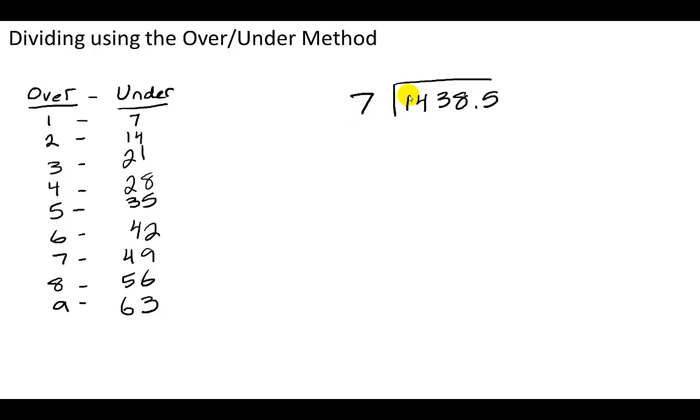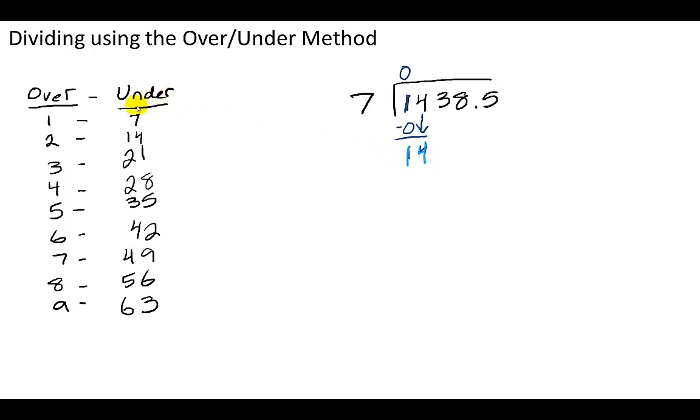We're now going to look at 7 going into 1. Where do we reach 1 or less on the under list? Well, we don't, because the first number is 7. So 7 goes 0 times into 1. 7 times 0 is 0. 1 take away 0 is 1. We're going to bring down the 4. And now we're looking at 7 into 14.